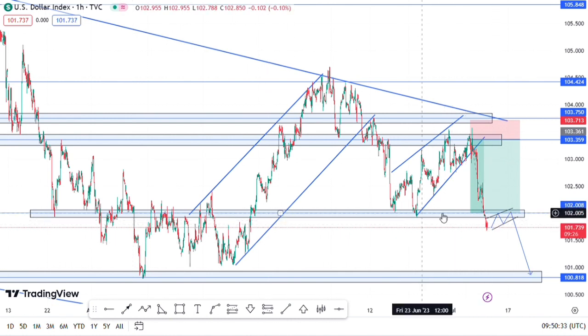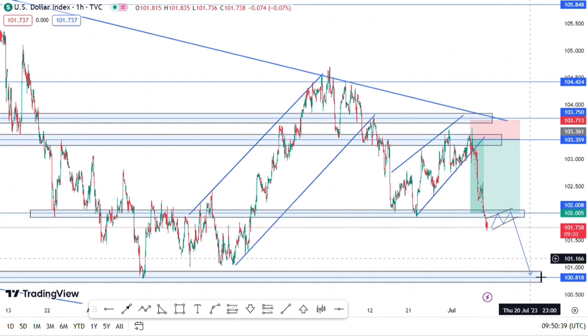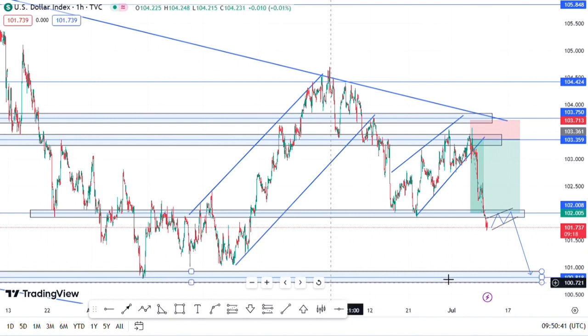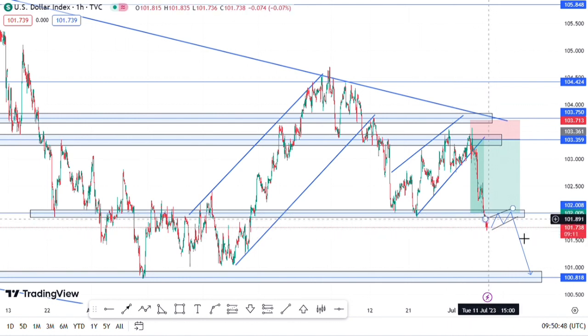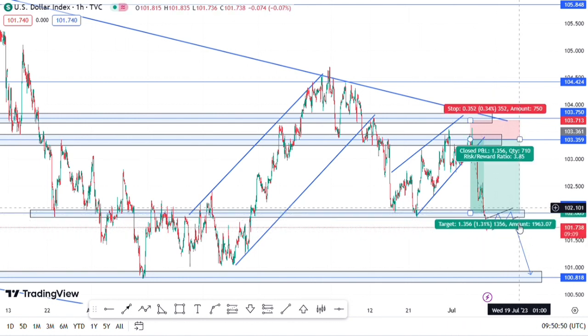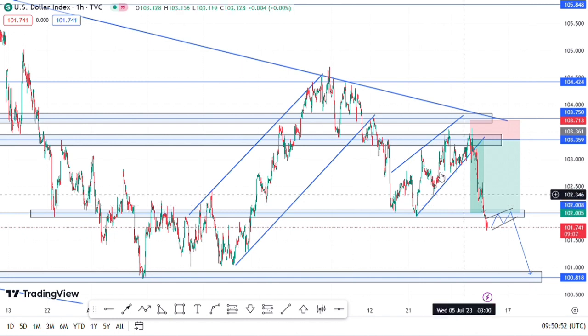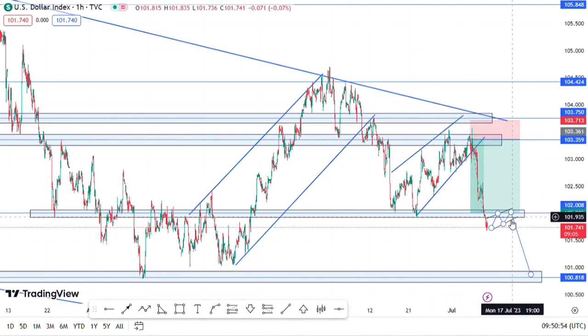Remember, we have broken out our support. After a correction, we push towards the downside, going to our support, because this has now become our resistance, because we are below. This is a mid zone, and mid zone changes over time. As you can see, I spotted this was a good trade, guys.